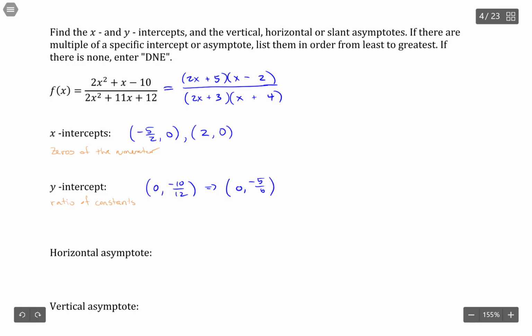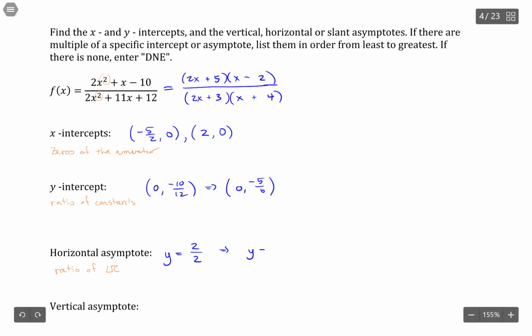Horizontal asymptotes, there's some different rules on horizontal asymptotes. In this case, the degrees of the numerator and denominator are equal. So when the degrees are equal, we take the ratio of the leading term coefficients. So we say y equals the ratio of leading term coefficients, which both happen to be 2.